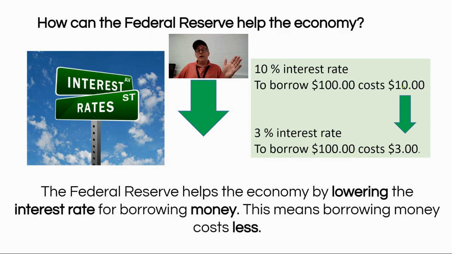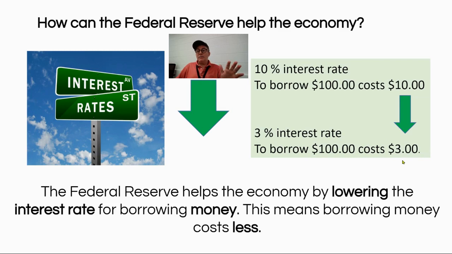So if I borrow $100 today, in 1 year, I would have to pay the bank or the person who lent me that money $110. At a 3% interest rate, to borrow $100 costs $3. So at the end of a year, I would have to pay back the $100 plus $3, $103, for the privilege of borrowing that money.